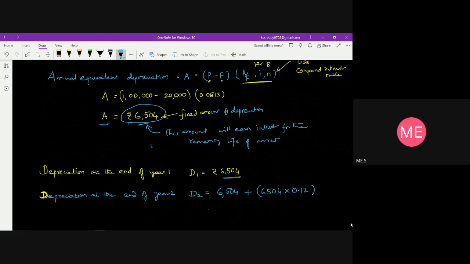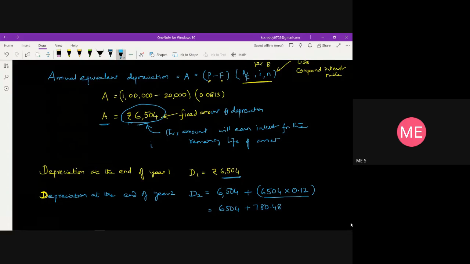So this will become 6504 plus this value. 6504 into 0.12 will give 780.48.